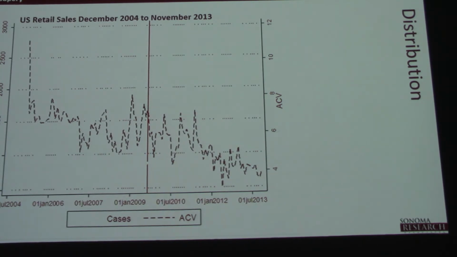So we don't really have a measure of distribution, but something in the Nielsen data called ACV is in the data set. Anyone know what ACV stands for? It stands for all commodity volume. And basically it's a measure of distribution.